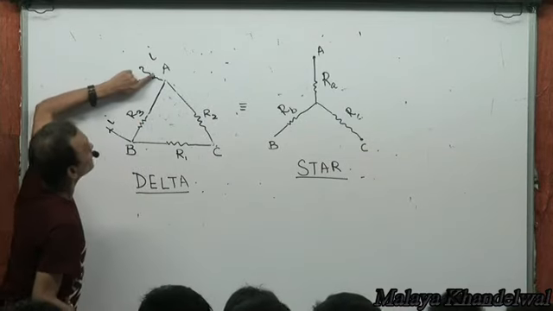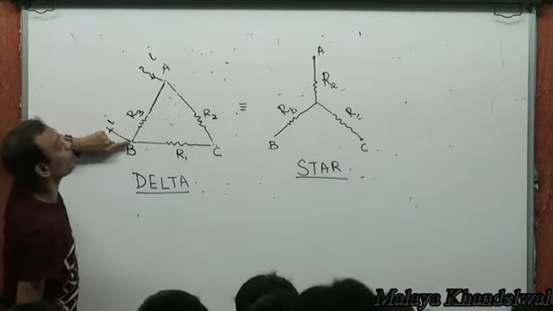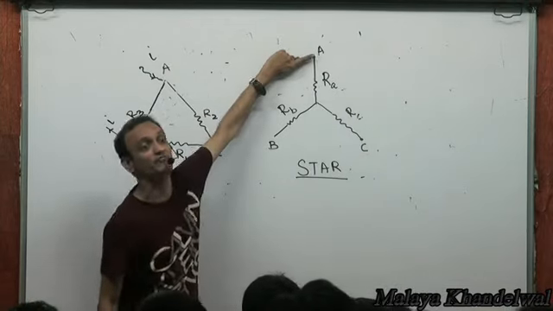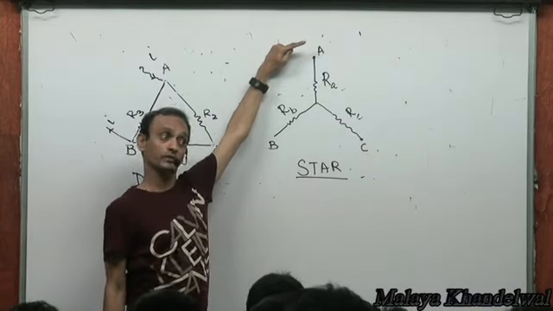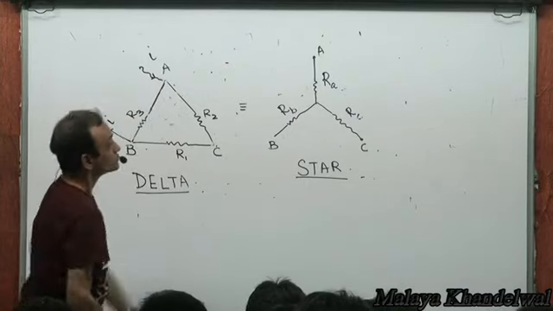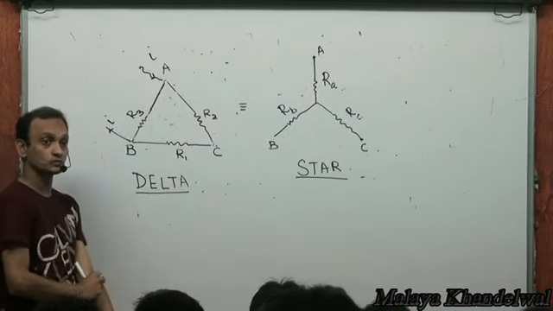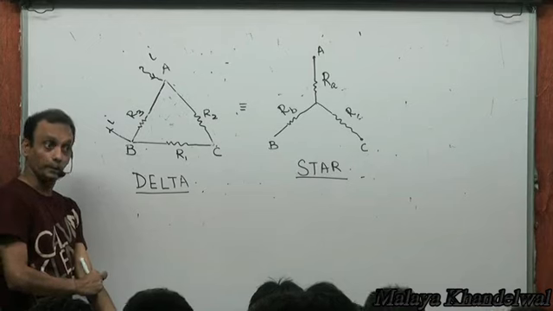Now, resistance across A and B for this topology must be the same as resistance across A and B for this topology. Yes or no? Right?